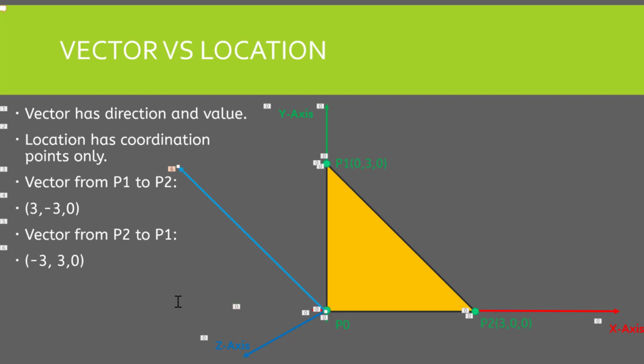So if I go minus 3, 3, 0, this is the direction. So remember, the vector could be used here, could be used here, could be used here. It is just showing direction and value. It's showing you where to go. But B1 or B2, in general, the location is clear, a fixed value. This is B1, we understand this is the point.